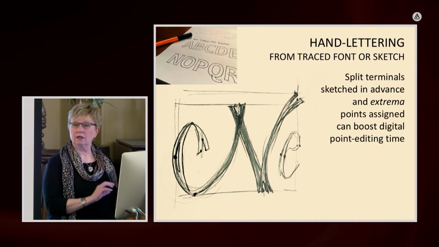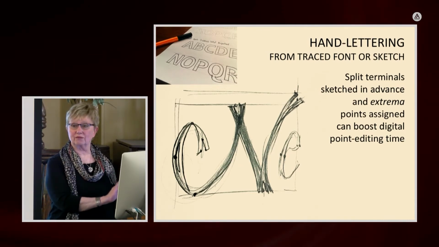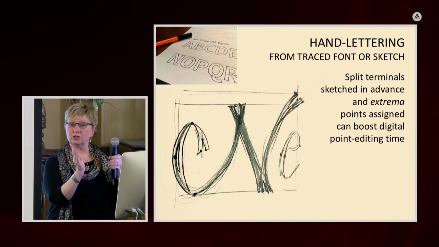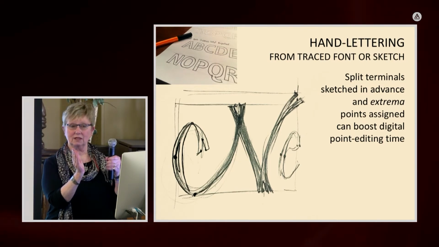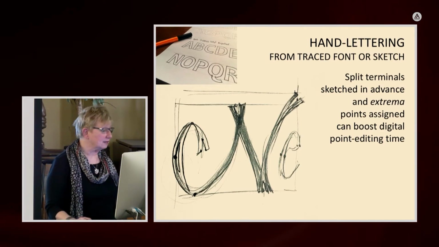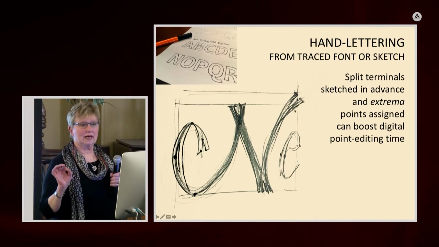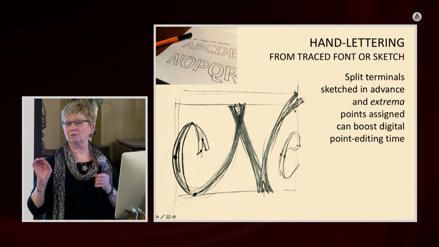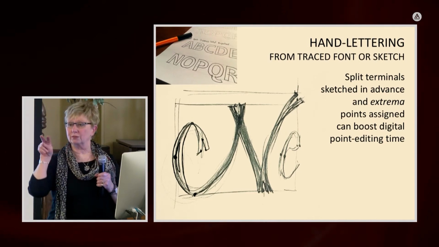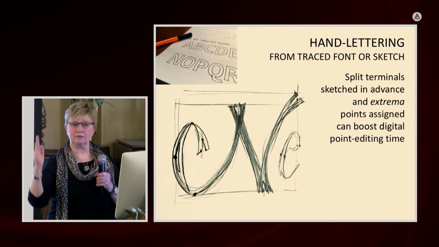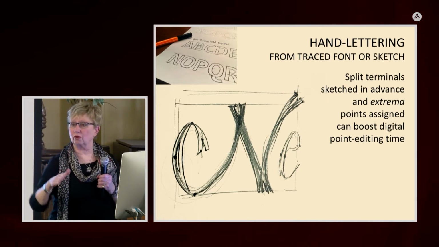So this is a tracing on top of a previous drawing where the artist decided to split the terminals, and then these little dots, I don't know if you can see the dots, those indicate where the extrema points are, where you're going to put your Bezier point for best placement and best control over the curve.